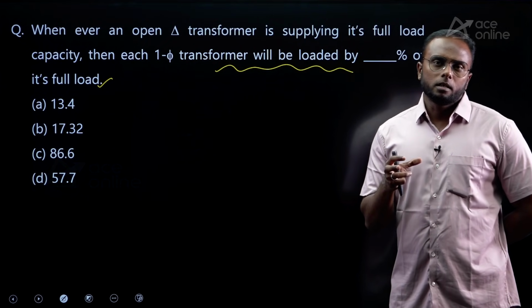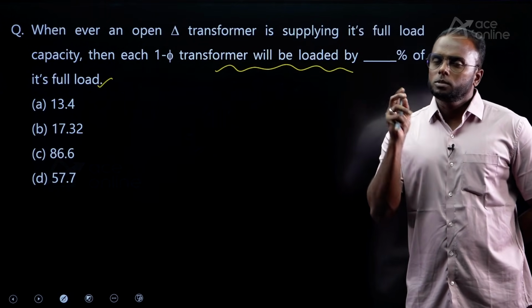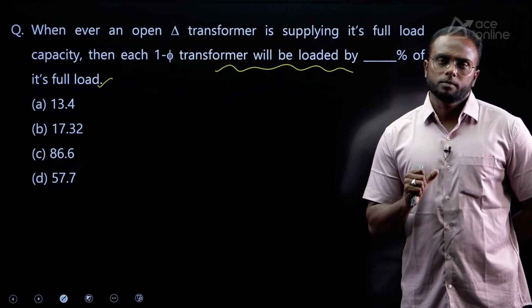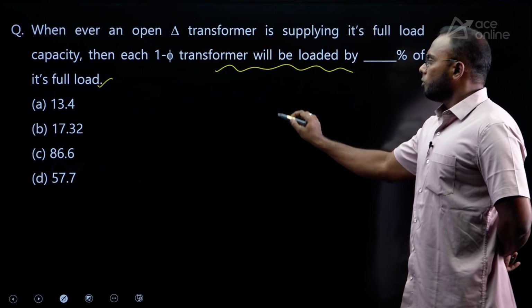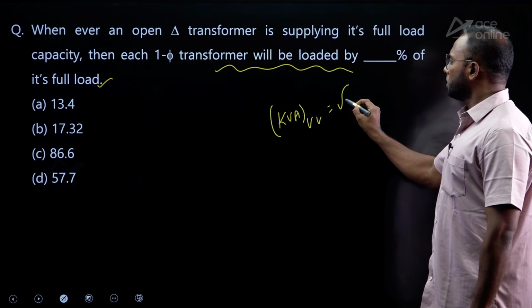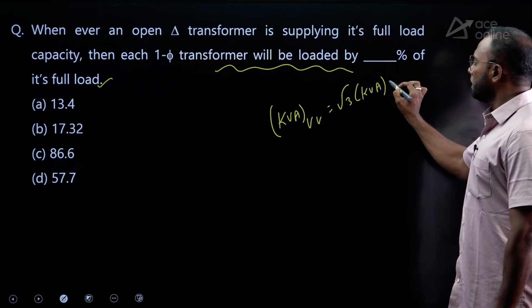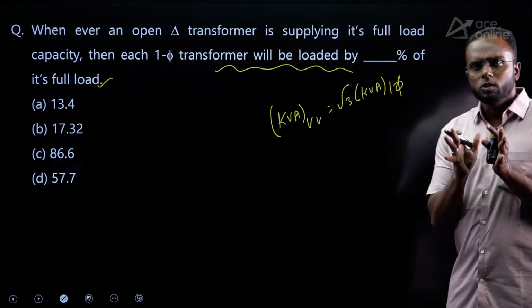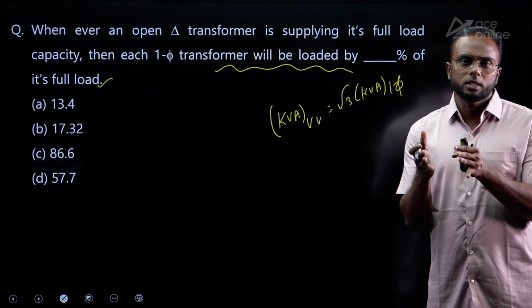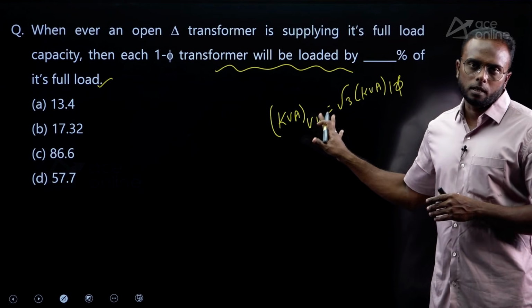Now, what capacity can open delta supply? Just √3 times one single phase transformer. So the capacity of open delta is equal to √3 times the kVA rating of one single phase transformer, √3 V2I2. If one single phase transformer capacity is V2I2, we get √3 times that as the open delta capacity.